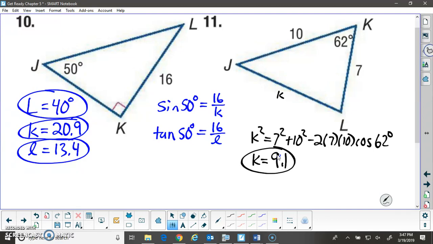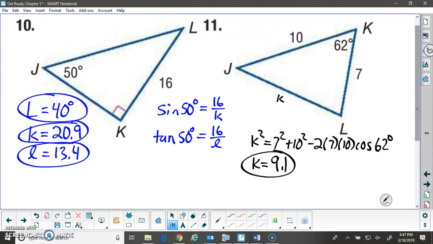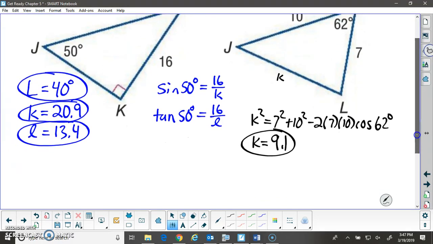And now we got all three sides. We can find the missing angles. Now, can you tell that angle L is going to be the largest? So I'm going to find angle J using the law of sines. So the sine of angle J divided by length 7 has to equal the sine of 62 degrees divided by length 9.1.